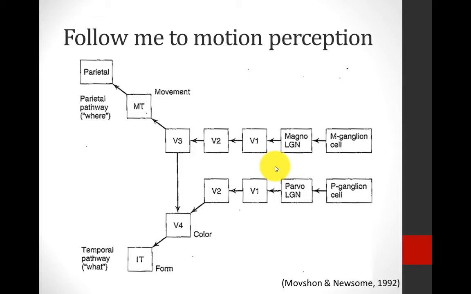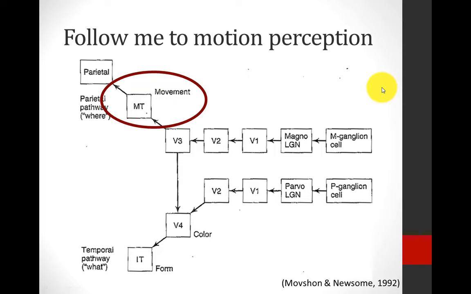If you follow on up, you start on the magnocellular layers of the LGN, and you move through the striate cortex, and you start to move up into the dorsal stream. You end up in this best defined area, an extrastriate area known as MT, or sometimes you'll see it as V5.